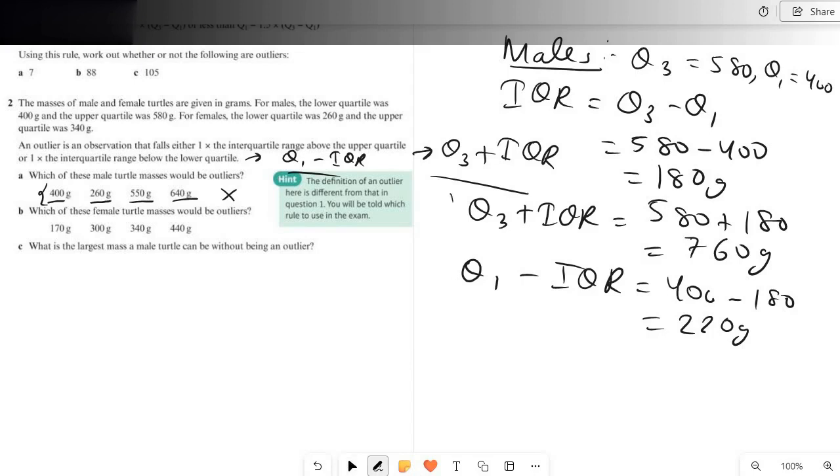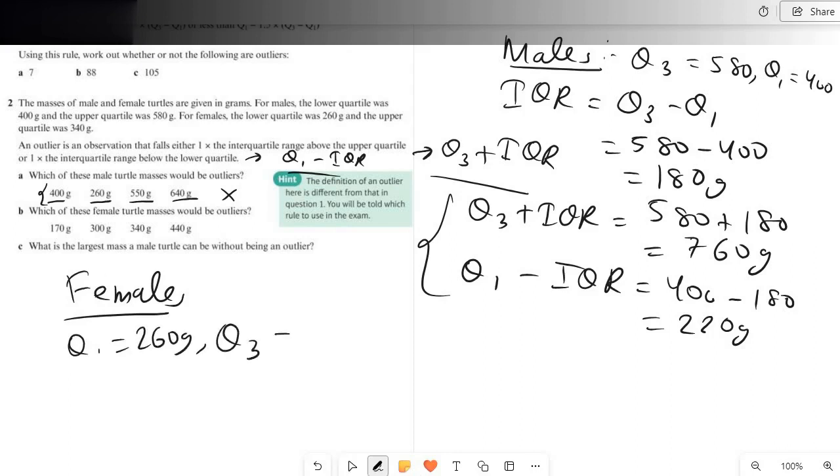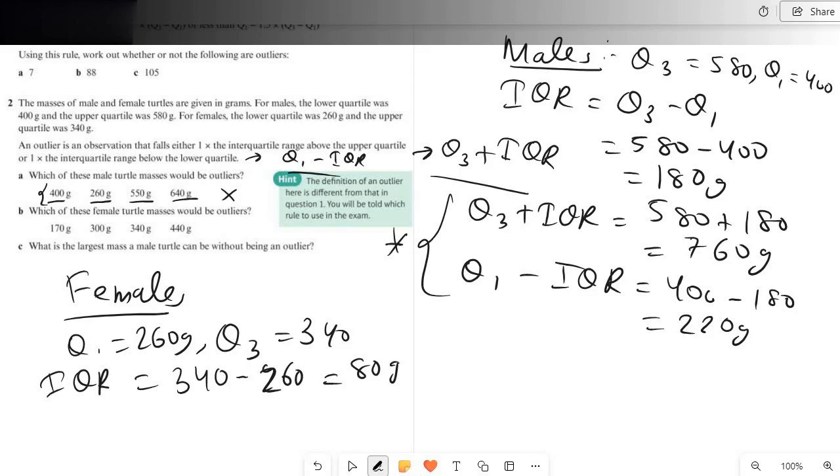So we can do a similar calculation for the female masses. As we know, for females, the lower quartile was 260 grams and the upper quartile was 340 grams. So first, let us evaluate the interquartile range, which is going to be Q3 minus Q1, or 340 minus 260, which gives us a value of 80 grams. Now we can evaluate these values.